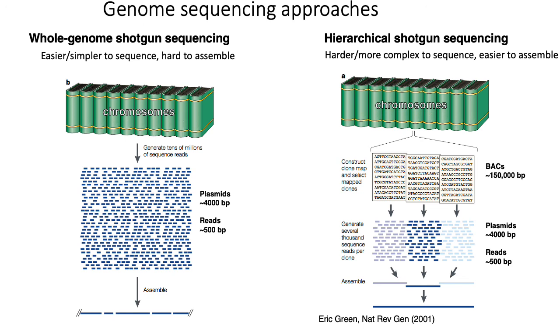Based on computer simulations, they thought you could throw away this whole idea of building a hierarchical BAC system, fragment the original genome into small pieces, and just use computers to assemble them back into the original genome sequence. Whole genome shotgun sequencing is the approach that won out in the end, and it's more standard nowadays compared to hierarchical shotgun sequencing. But it is interesting to note these two major different approaches to genome sequencing.